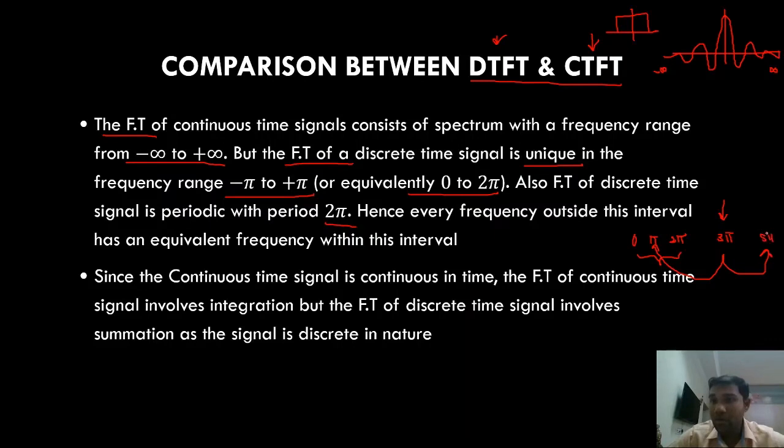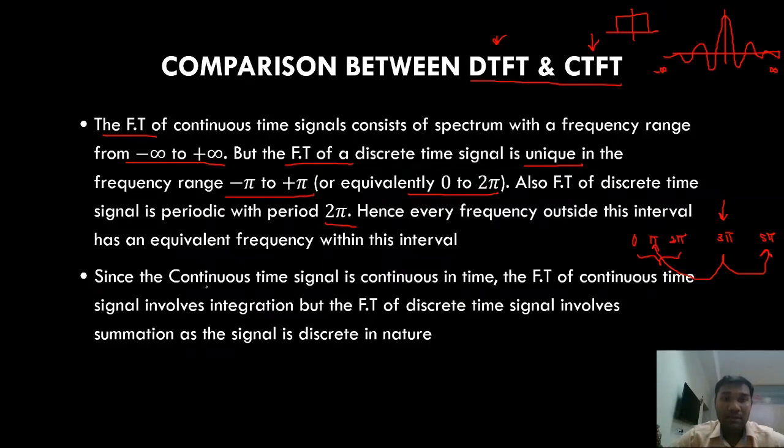So the value of DTFT repeats every 2 pi radians per second, right? It repeats every 2 pi radians per second. So that is the first statement, our first comparison between DTFT and continuous time Fourier transform.